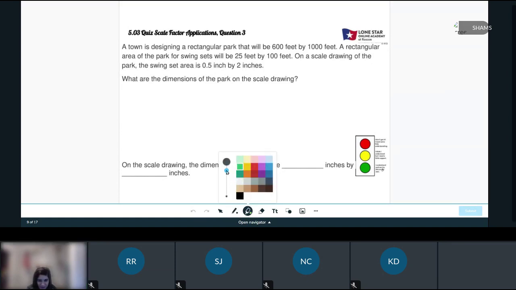It is healthy. A town is designing a rectangular park that will be 600 feet by 1,000 feet. A rectangular area of the park for swing sets will be, so this is the swings, 25 feet by 100 feet.